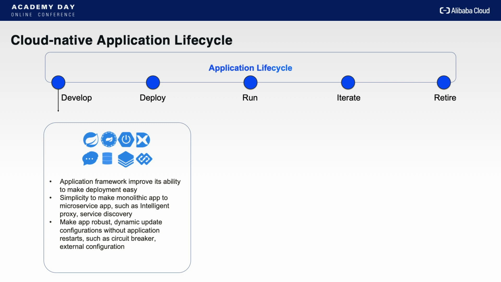In this phase, the application framework improves its ability to make deployment easy, and simplifies moving from a monolithic application to a microservice application, with things such as intelligent proxy and service discovery. Then you have to make the application robust to dynamic configuration updates without application restarts, such as the circuit breaker, external configuration, etc.